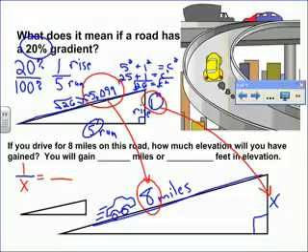So 1 is to x as 5.099 is to 8. To solve that proportion, we would take 8 times 1, or 8, divided by 5.099.